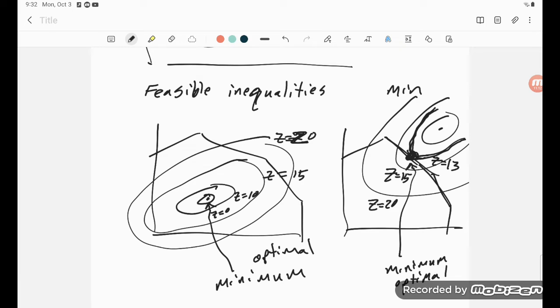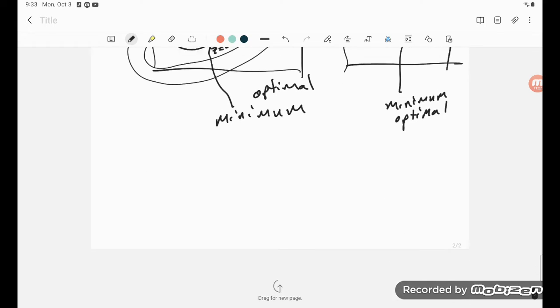But it's hard to know until you actually work with it, so you just have to look at that for each case. All right, so that's with inequalities.